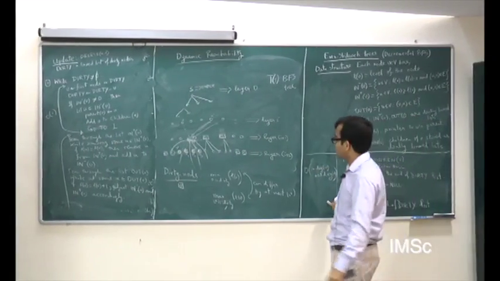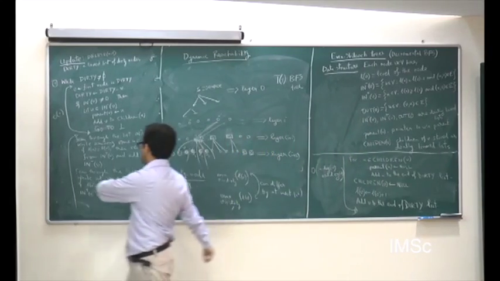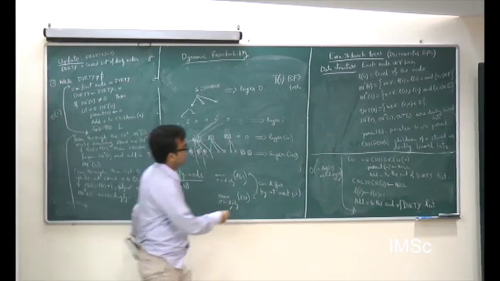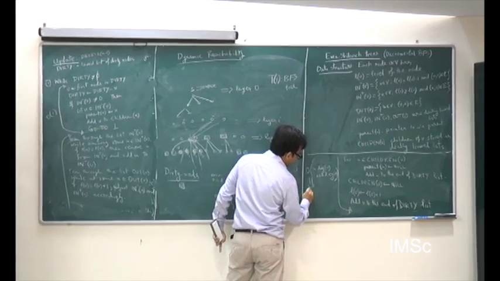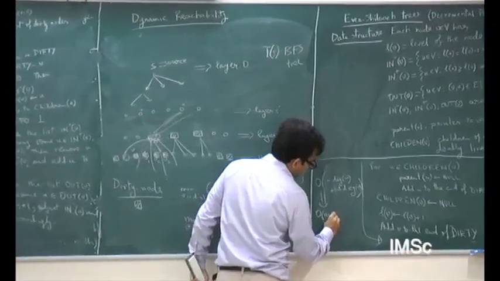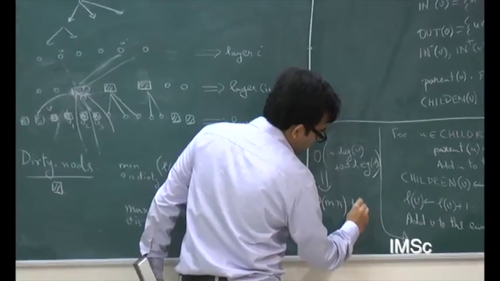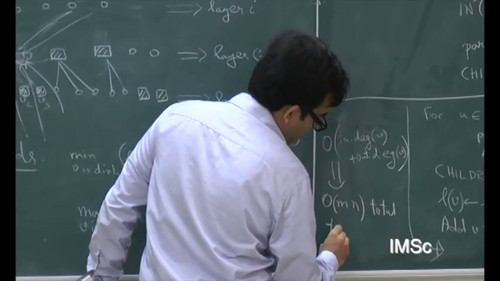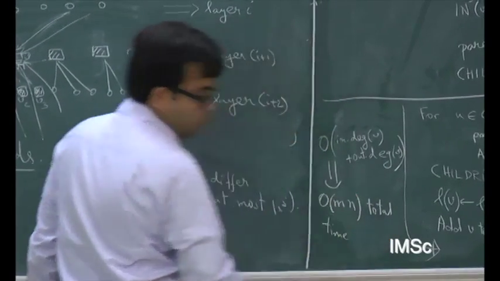So by a simple amortization for this part, the total update time is going to be O of m plus n, mn total time.